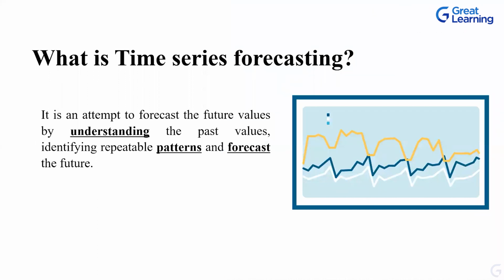So what is time series forecasting? It is actually an attempt to forecast the future values by understanding the past values, identifying repeatable patterns, and forecasting the future. If we compare the same to cross-sectional data, this is no different, right? Even in cross-sectional data, we do a lot of bivariate analysis, and we build the models based on the patterns we identified from each independent variable towards the target variable, right?